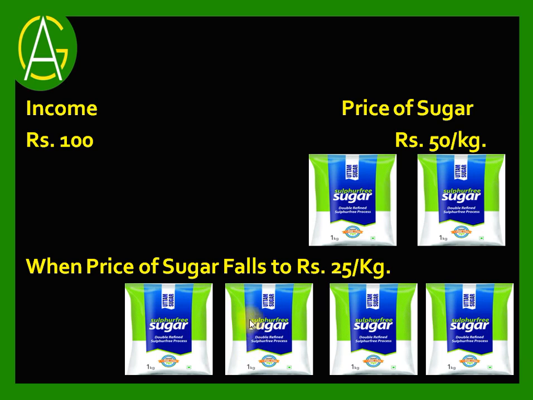It means that the price has fallen. Because of this fall in the price, the person's purchasing power is increased, and this increase in purchasing power has increased the demand. So the demand is increased when the price has decreased. Again, the law of demand is applied.